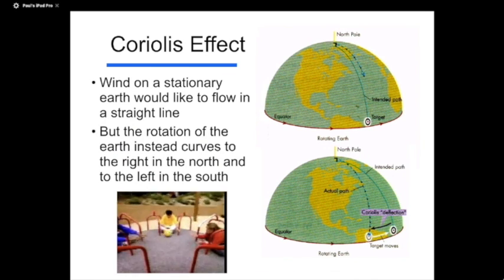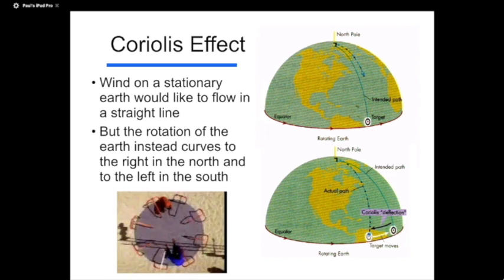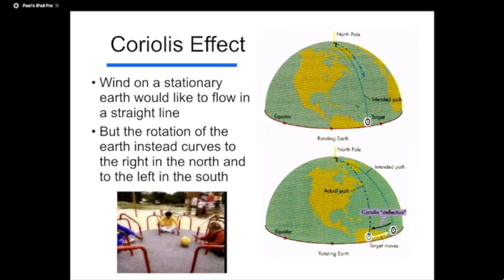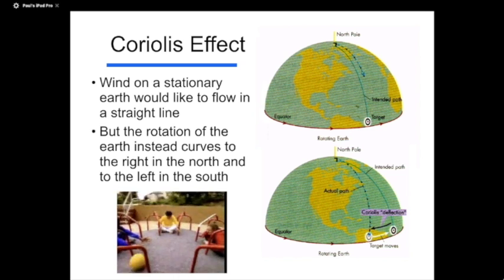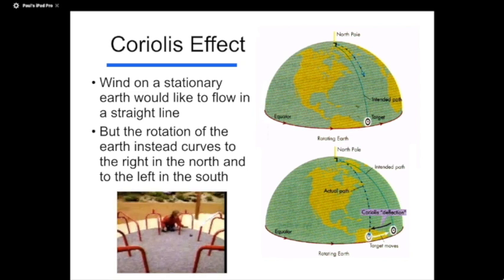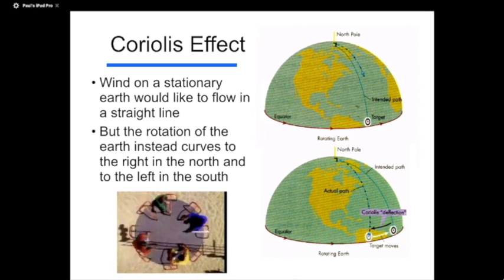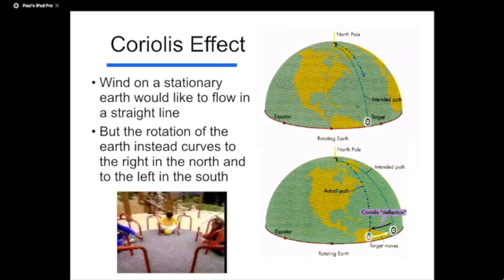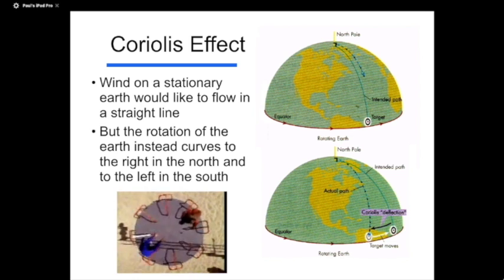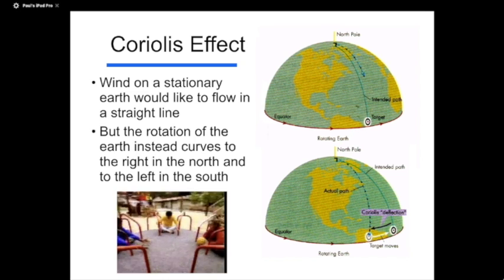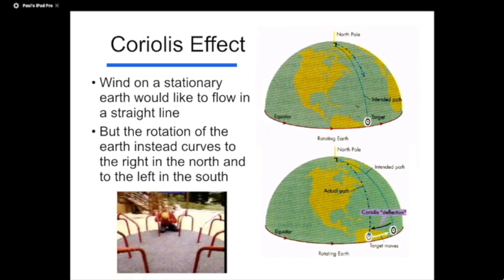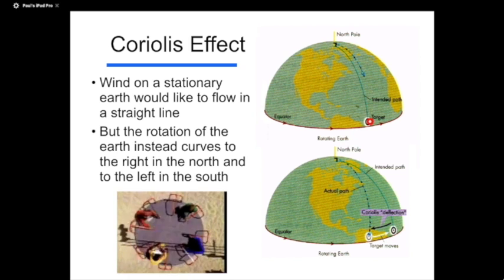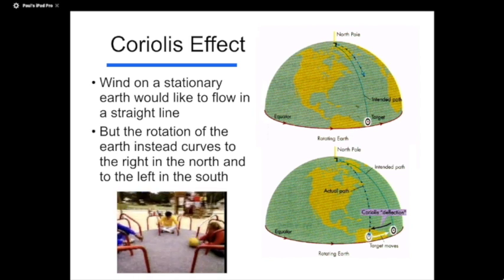Now, there's another issue when we talk about the air. As air moves on the Earth, well, air is in the atmosphere, right? But the Earth is rotating. And so if by chance someone could throw a ball from the North Pole to the equator, and threw something very hard, you would think that it goes in a straight line.